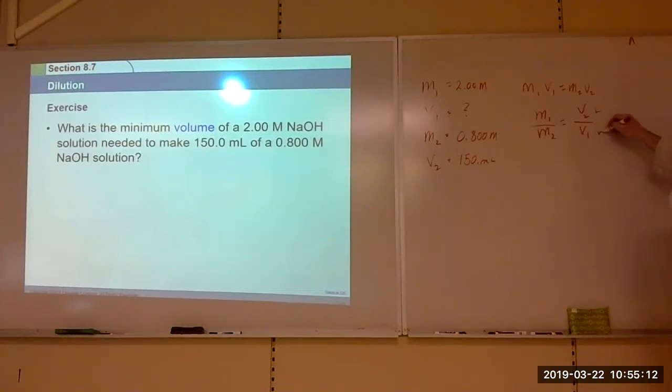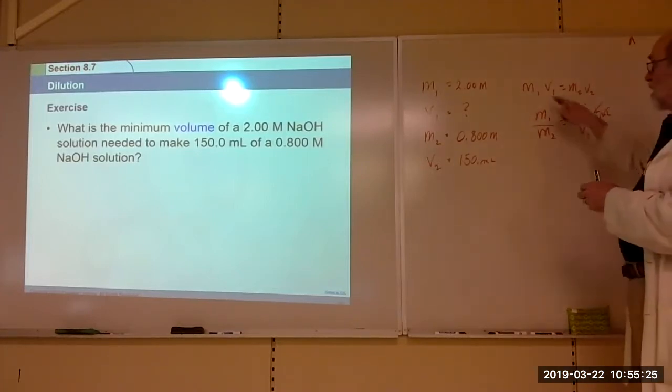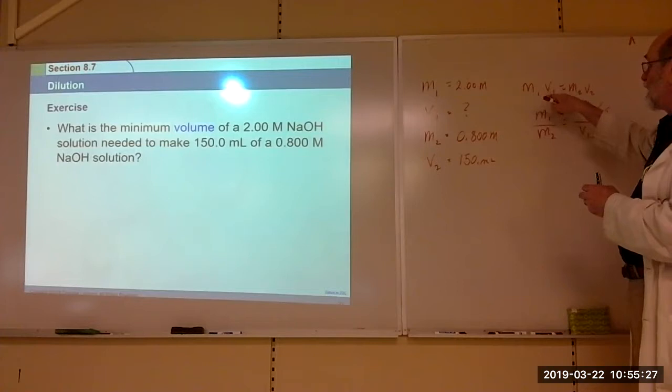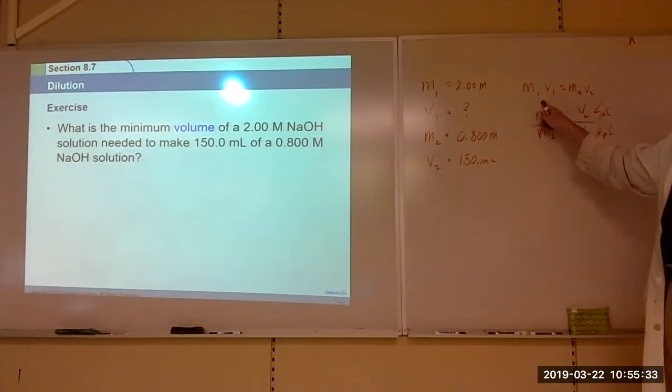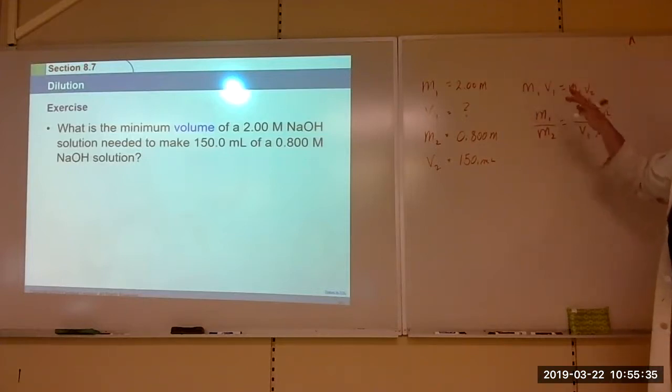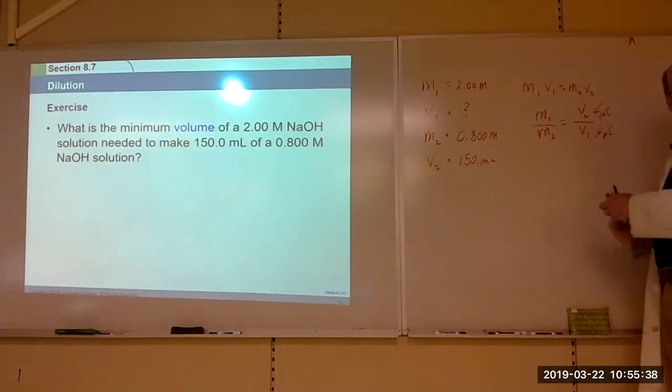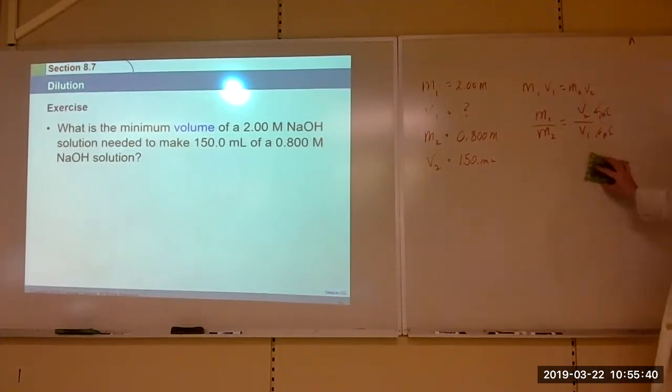Well, if this is liters, they cancel. If this is milliliters, they also cancel. So the units of measure don't matter. Now, if you're using the formula MV equals N, number of moles, yes, you do have to have the correct units there. But when you set up a ratio like this, you can use milliliters just as easily as liters.